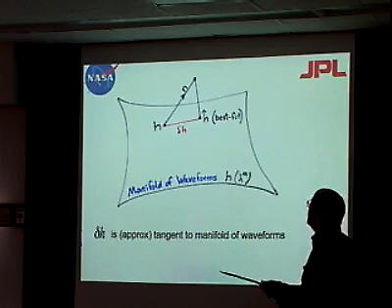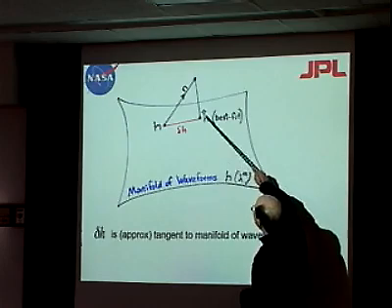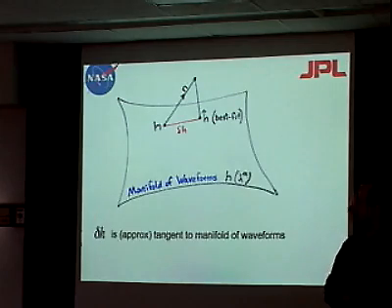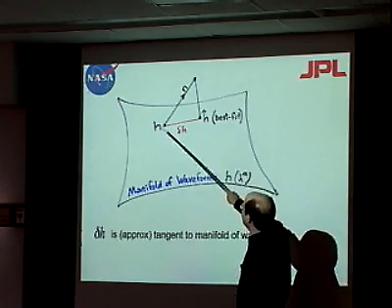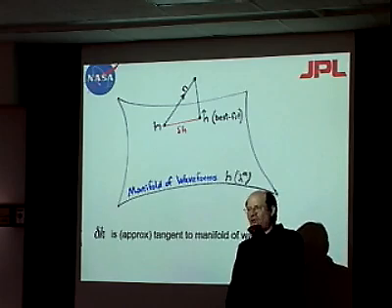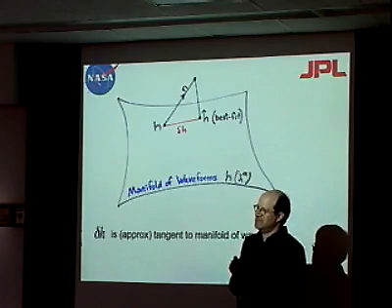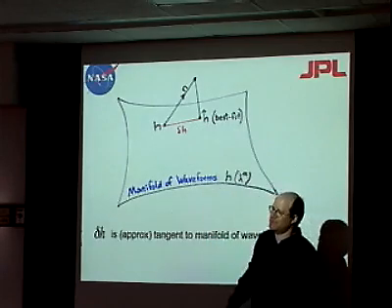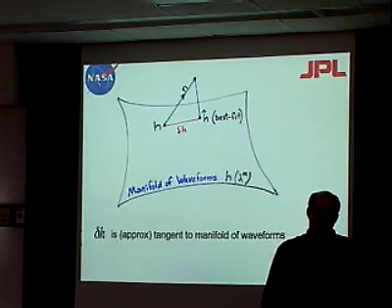Okay. So when you take h hat out of the data, not only do you take out h, you actually take out a little piece of the noise. You take out a piece of the noise that looks like a waveform, that looks like the difference between two waveforms that lies tangent to the manifold of waveforms.